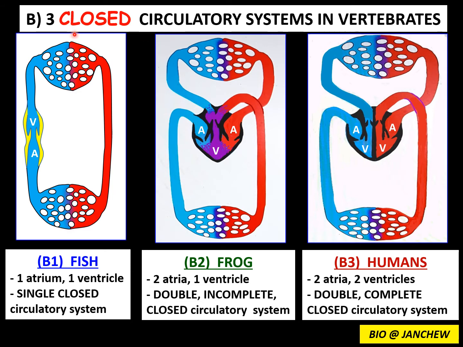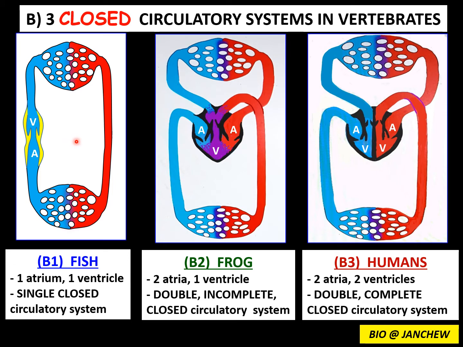Next, what is the meaning of the word closed circulatory system? Now, in a closed circulatory system, the blood is always contained in the closed blood vessels, which are continuous, and in this way, the blood is distributed to the whole body. So when we say the blood vessels are closed, it means that there are no open ends where the whole blood flows out and bathes the cells.